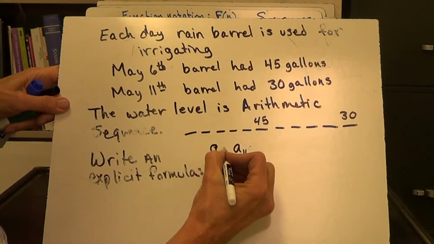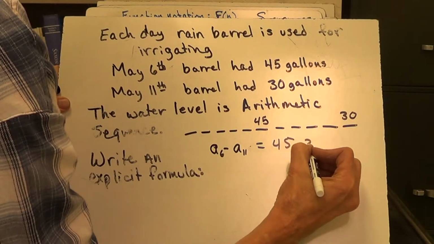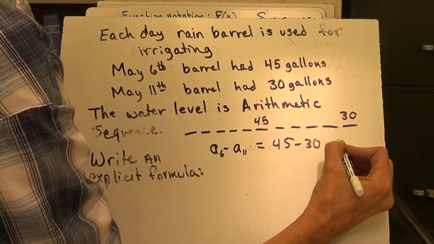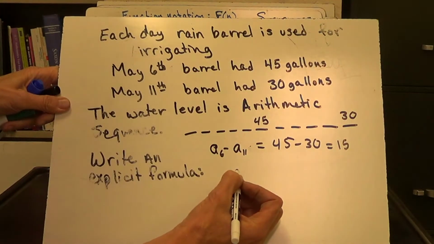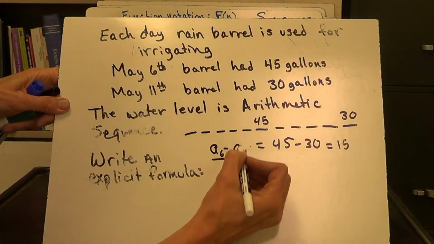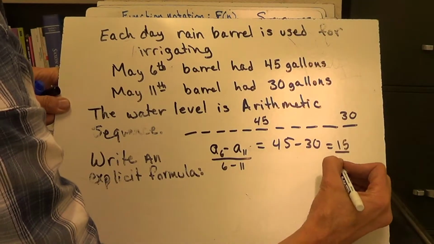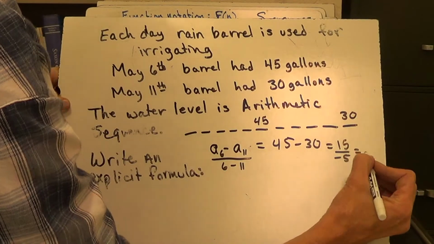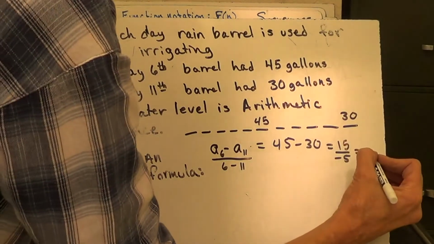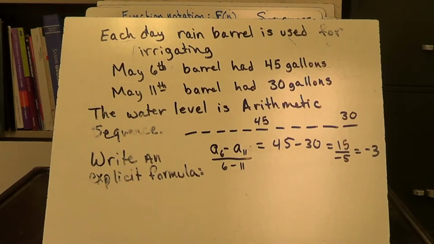A6 minus A11 would be 45 minus 30, gives me 15. And this is term 6 minus 11, which would be negative 5. So I am going down by 3 gallons. Negative 3 gallons per day.